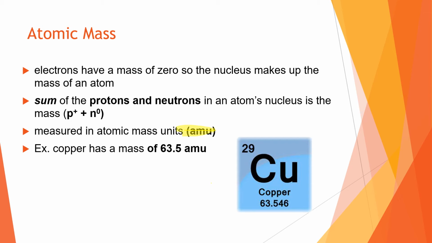AMUs. So we have an example here. We have copper again. So top left is the atomic number. So this here is going to represent the atomic number. I'm just going to put here, oops, I'm going to use a different color. Can't see that very well.